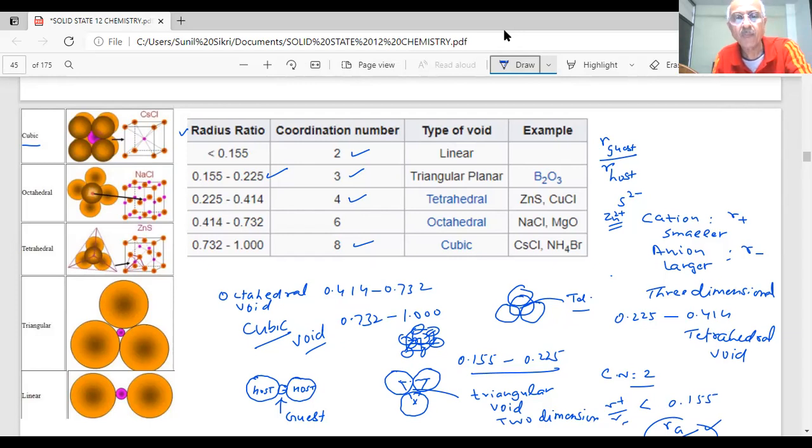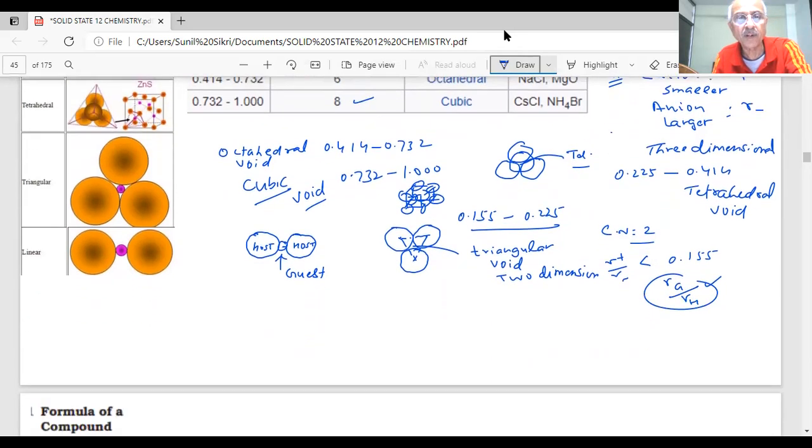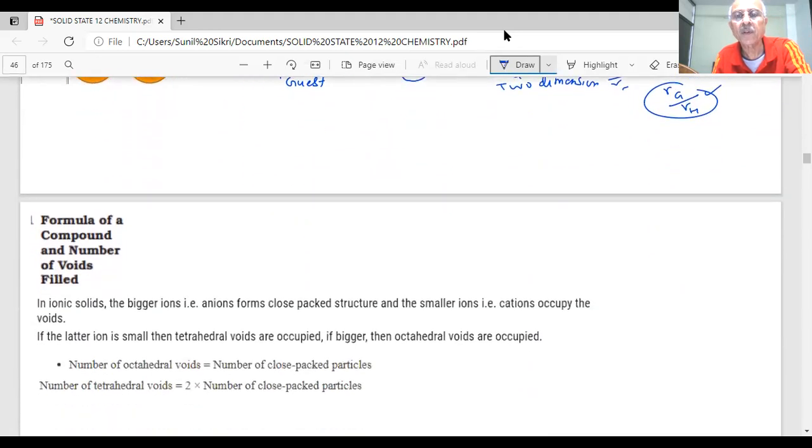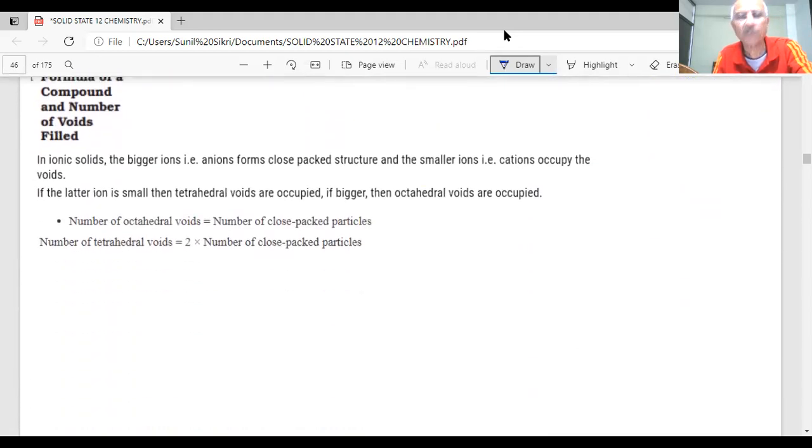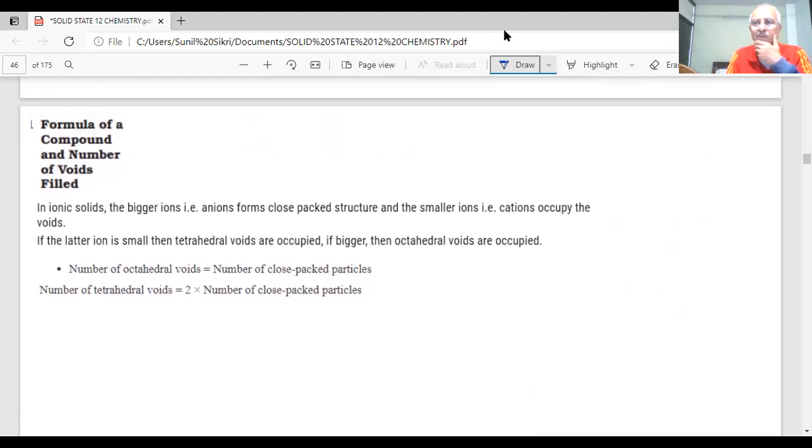Is it clear? Noted? Yes, sir. Now, sir, what is the use of all this which we have shown? That table was very important because questions could be put on that, students. You see that the formula of ionic compounds can be obtained by knowing what percentage of the voids are occupied by the smaller cations in an ionic compound.